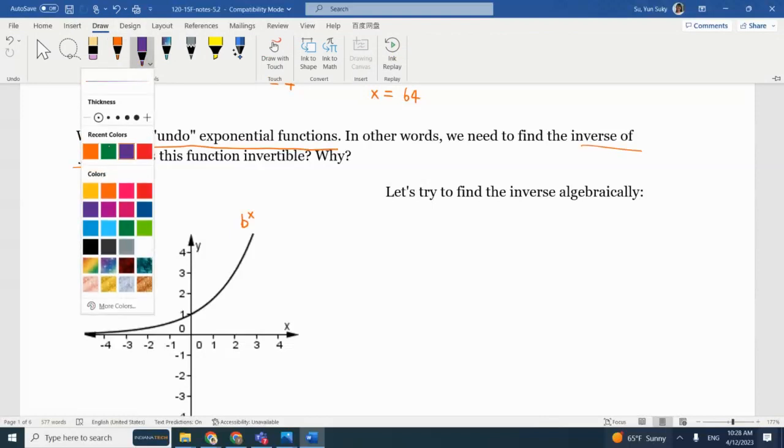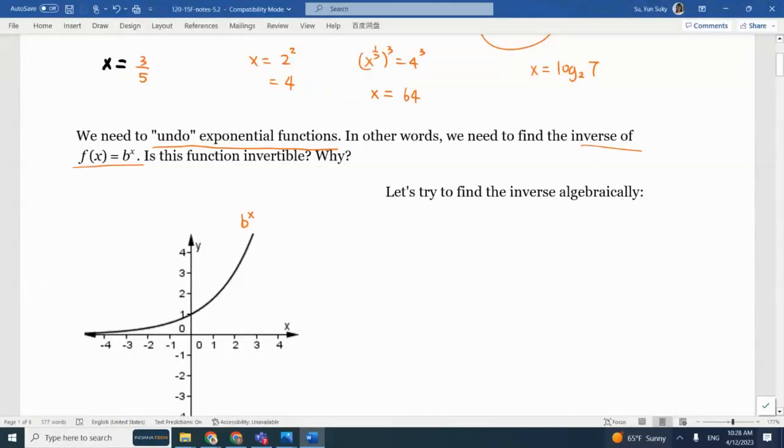First of all, this function is 1 to 1, right? Because you use horizontal line to intercept it, you only get 1 point. So it's 1 to 1. Therefore, it's invertible. The inverse exists. Invertible means the inverse exists.